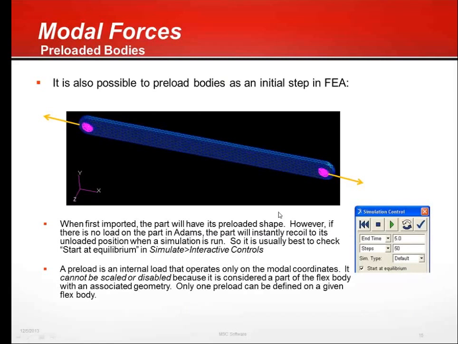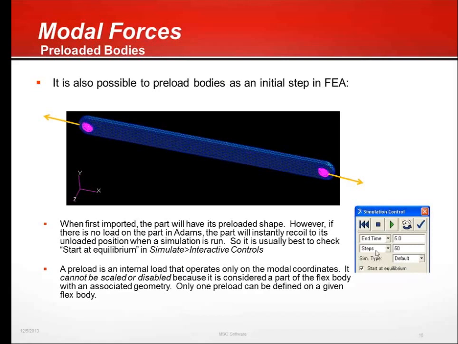It's also possible to add a preload to a body. Maybe I want this thing preloaded. If you do that, it's a two-step operation. You have to go into Patran and Nastran and do the first run to calculate the initial preload case, then run the modal analysis on that pre-stressed body.